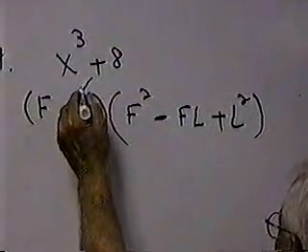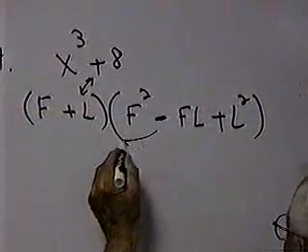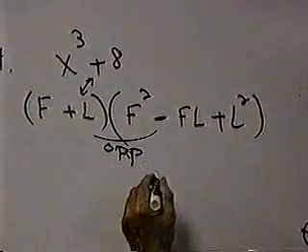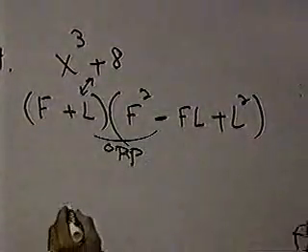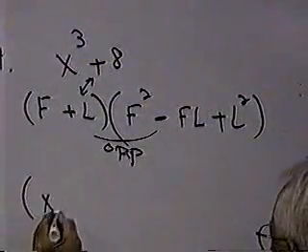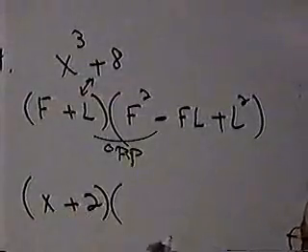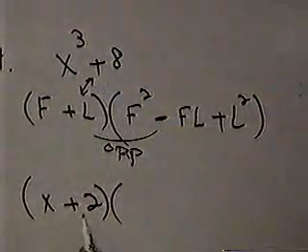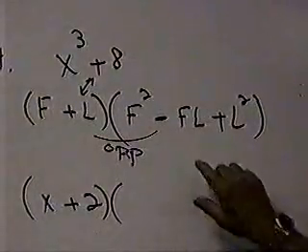This is the same sign, and this will be opposite. So therefore, the answer is x plus 2. In other words, the cube root of this and the cube root of this. And then you don't look at anything except right here.